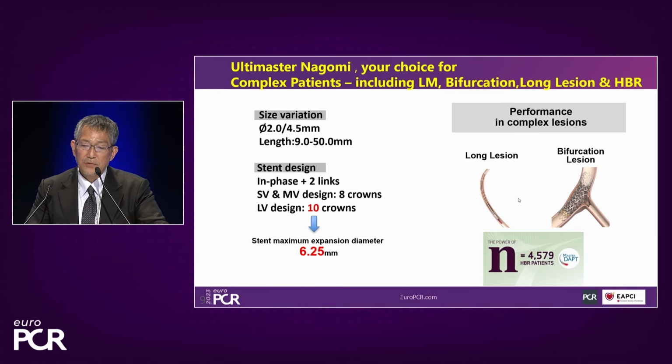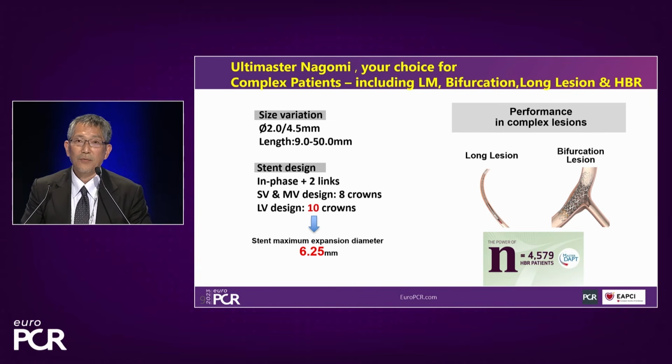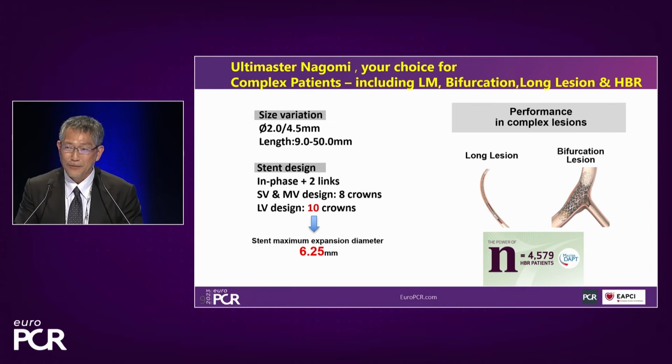In addition, the Ultimaster has demonstrated safety in high bleeding risk patients. So from these results, I think that the new Ultimaster Nagomi is a very good choice for the bifurcation region and long lesions, truly complex regions. Don't forget, this is a very important thing.